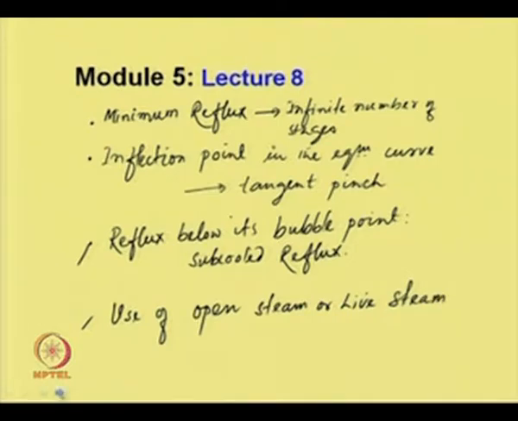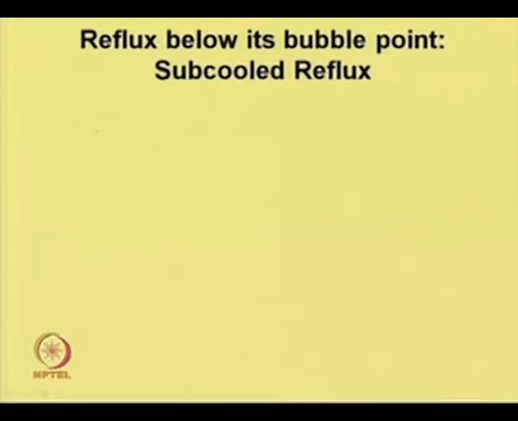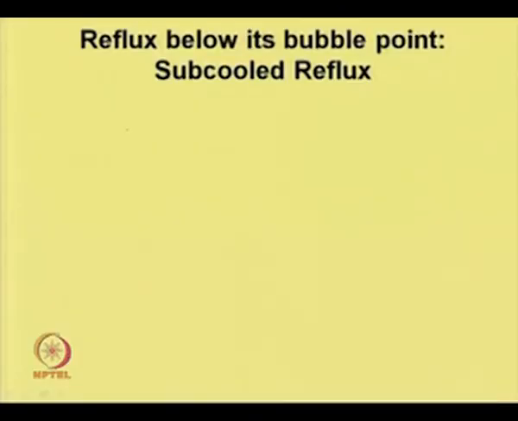Let us start with reflux below its bubble point, or subcooled reflux. Sometimes the vapor which is coming out at the top of the tower is condensed and then cooled below its bubble point, and when subcooled reflux returns to the tower at the top section, the subcooled reflux immediately reaches its bubble point, and for that it takes the energy from the upcoming vapor.